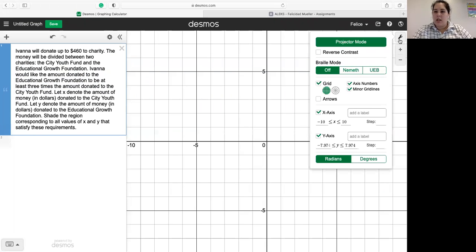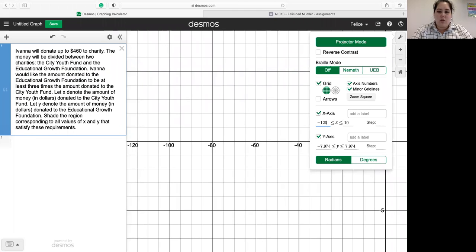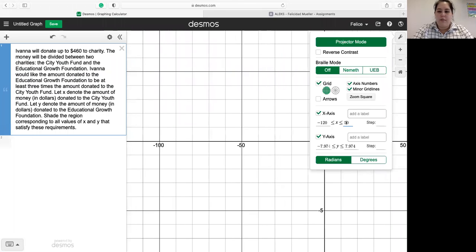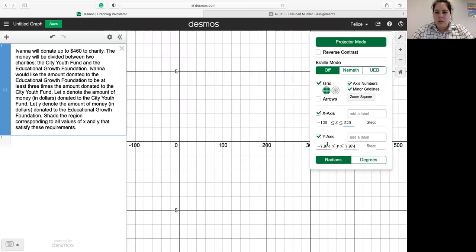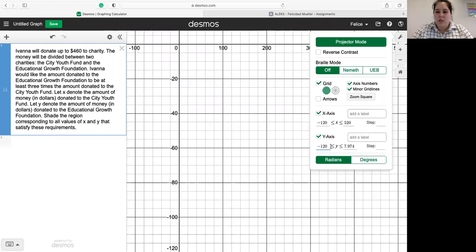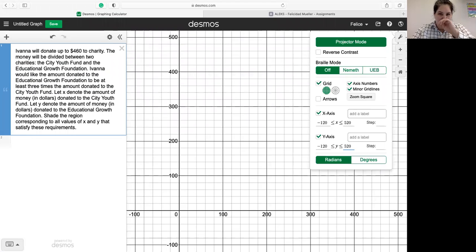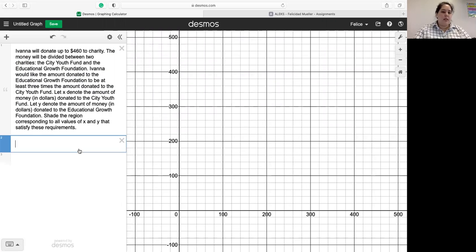So I'm going to change my viewing from negative 120 to 520 for both my X and Y, so that at least I know what it generally looks like.